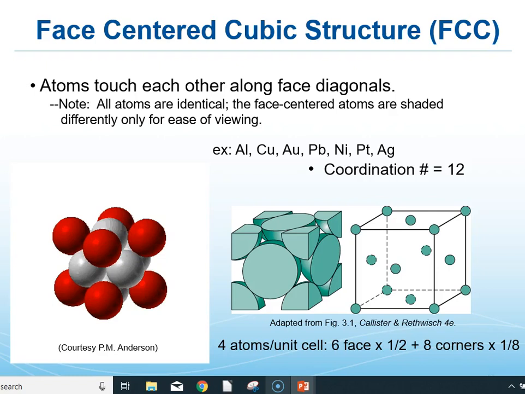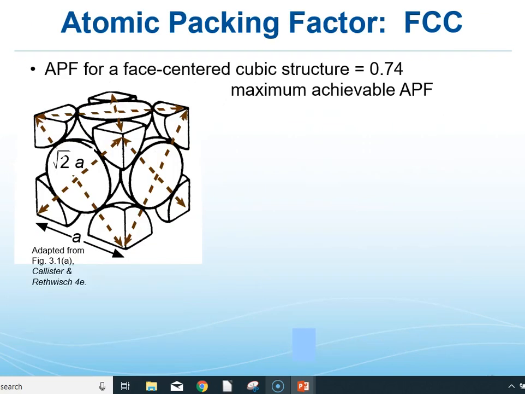Now we have 6 faces, each face being shared by 2, so that gives us effectively 4 atoms per unit cell. And the coordination number is now 12, which is the maximum you can get. So 1 surrounded by 12. So you can imagine that this is going to be one contributor to the higher atomic packing factor.